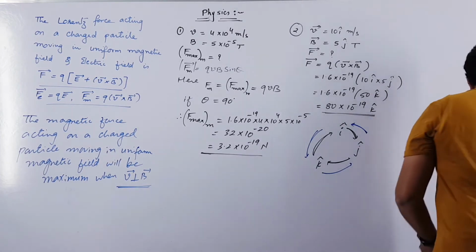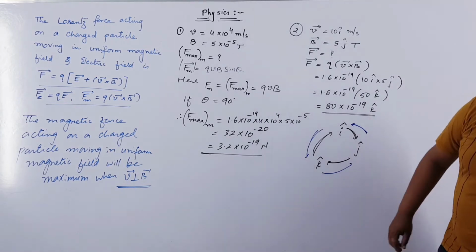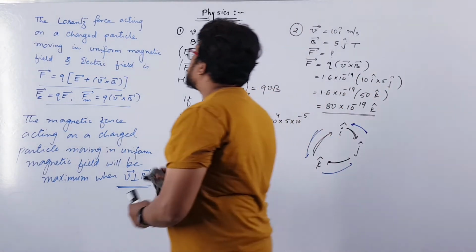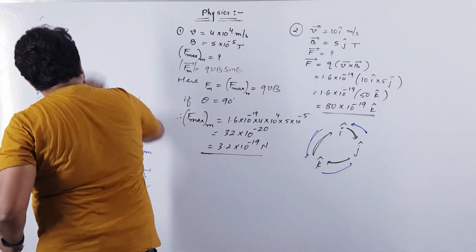Let us discuss one more example based on this concept. Suppose we have a particle of charge 2 coulomb.